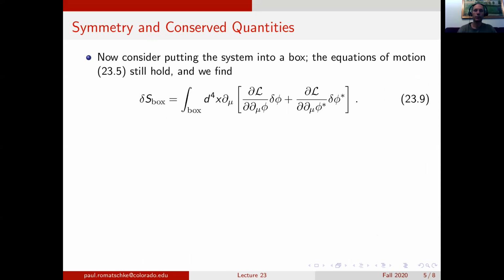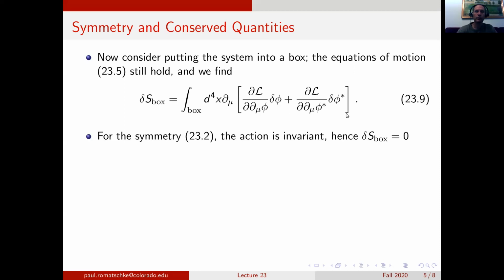Another thing we can do is consider putting the system into a box. Putting the system into a box does not change the equations of motion for the fields. So we can consider the variation of the action in a box where we have restricted the integration over some box of a specific shape and size. And the only term that can contribute is this total derivative term that we found before.